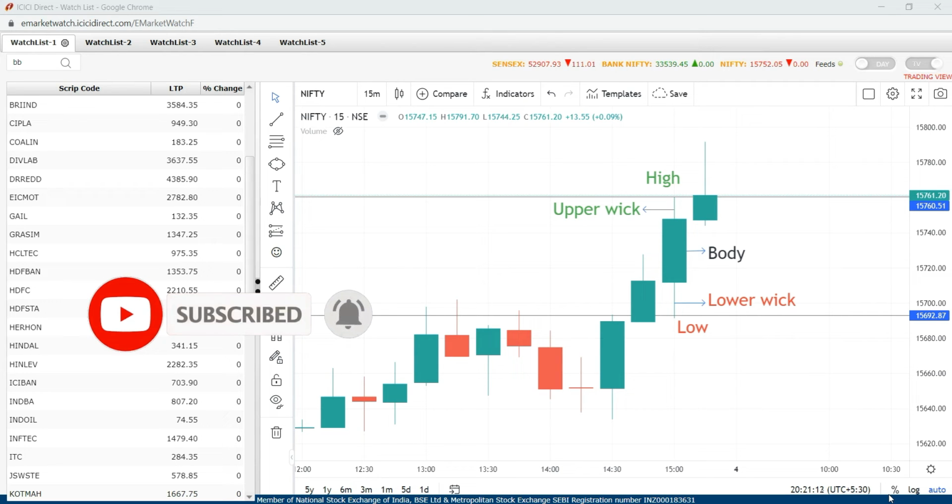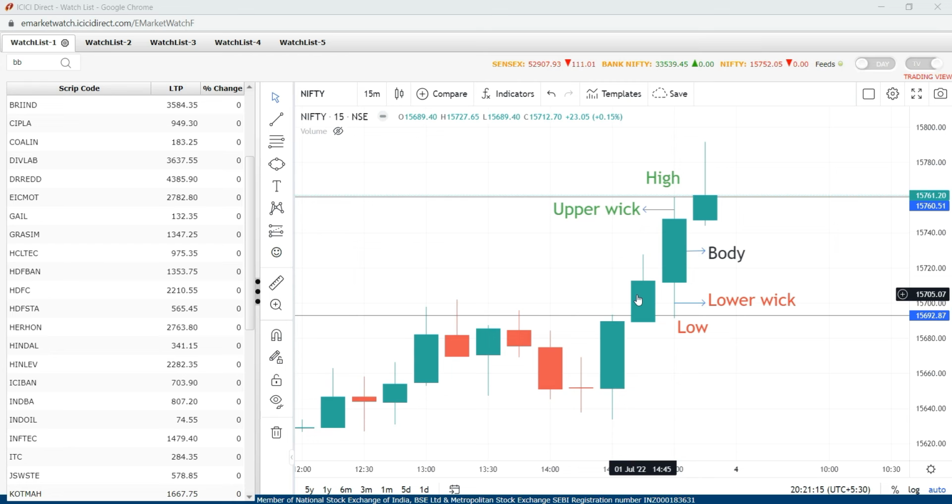As the name suggests, it looks like a candle, so it is called a candlestick, and this is one of the very important components. Price is a very important component which you'll have to learn when you want to learn technical analysis. So let's understand how the candle is formed.